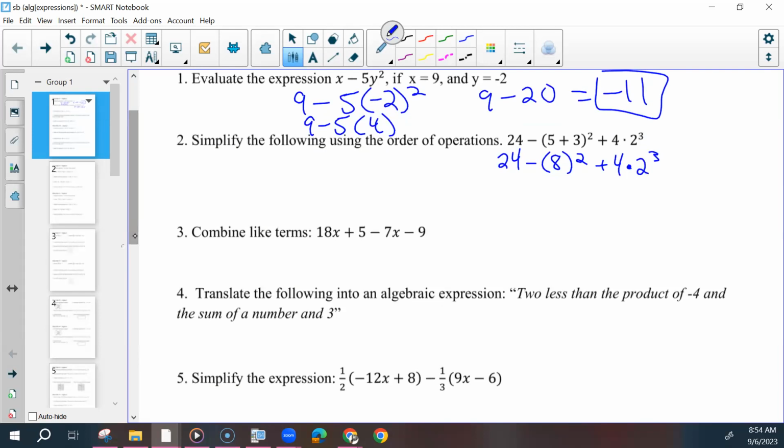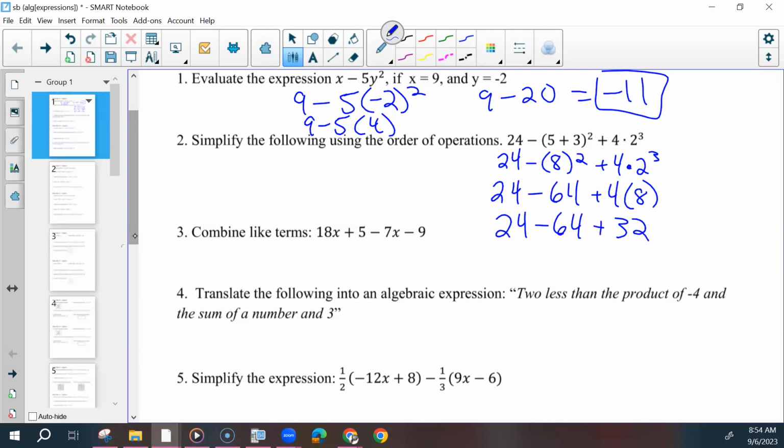And then we can do our exponents, so we have 2 of them. 24 minus 64 plus 4 times 8. Multiply 4 and 8. And then add all 3 of those together, or subtract the first 2, add the 32.